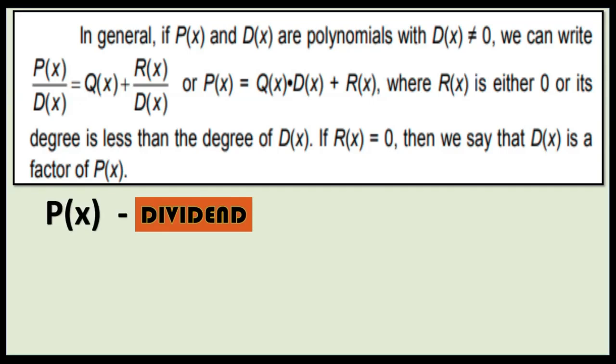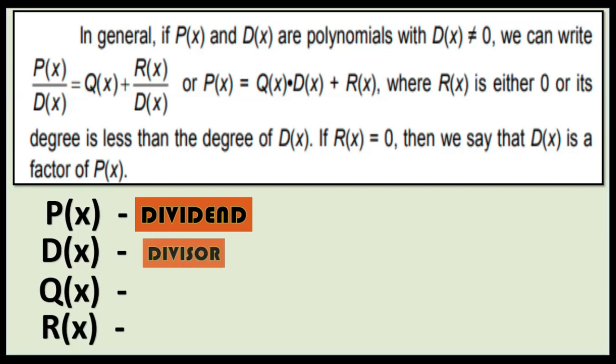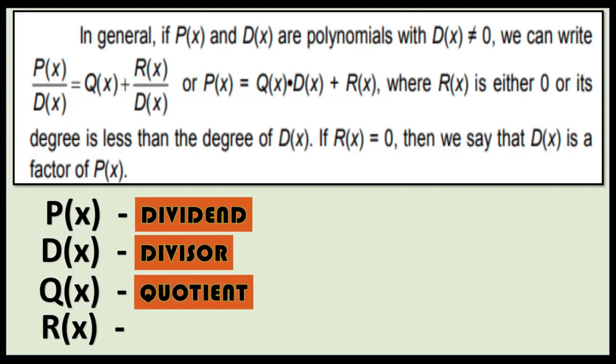P of x is the dividend, d of x is the divisor, q of x is the quotient, and r of x is the remainder. Those are the terms for the division of polynomials: dividend, divisor, quotient, and remainder.